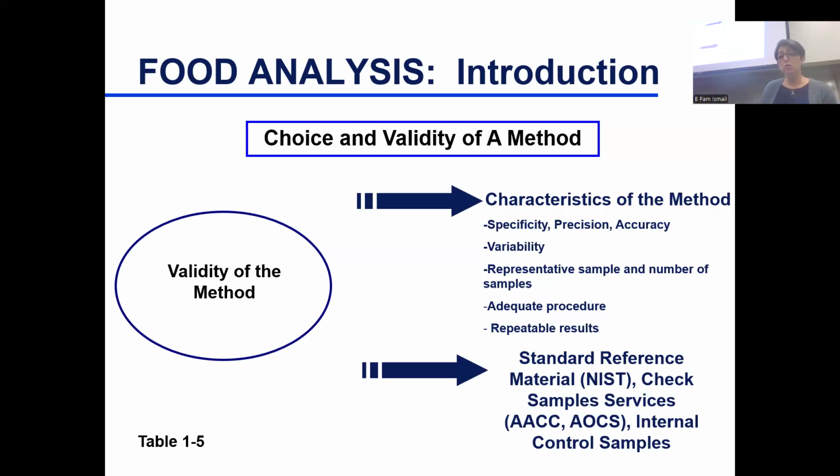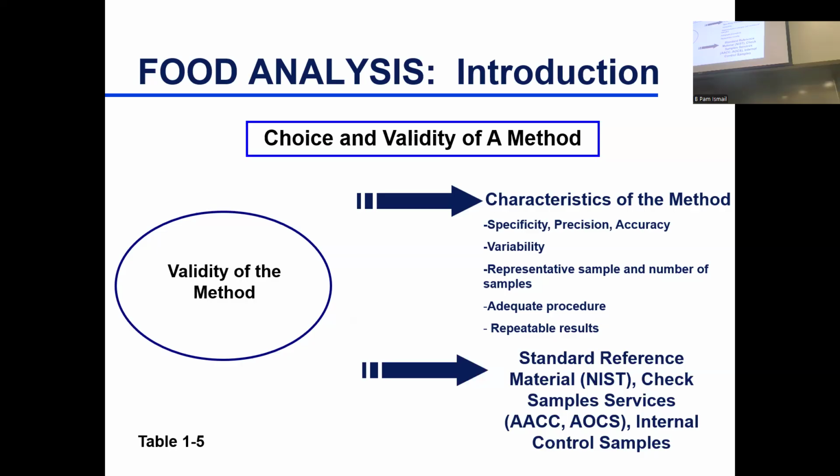And sometimes to check the validity of a method, let's say you work in an analytical lab in a company and you found that one method is quicker for you, with fewer resources, and is less expensive, and you have training. You have to convince your company that you're going to go with this method. So you have to prove its validity.